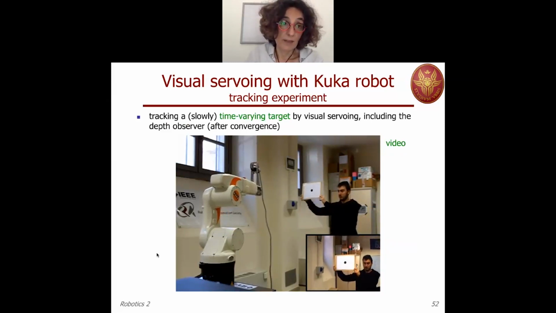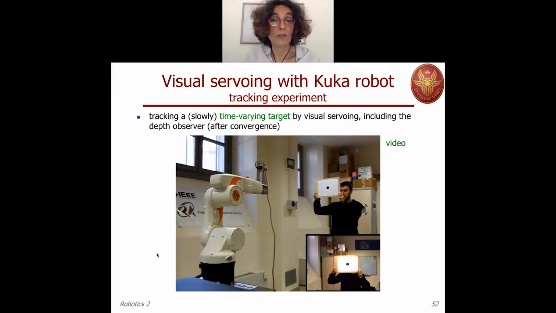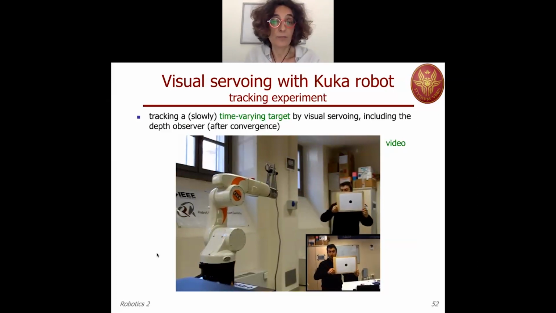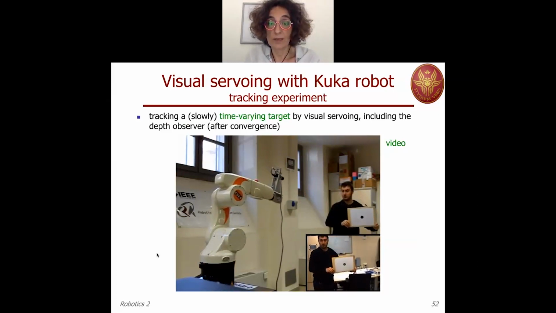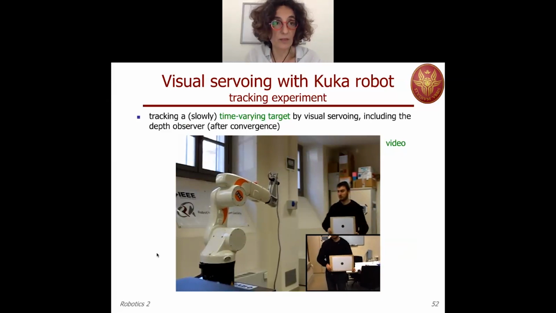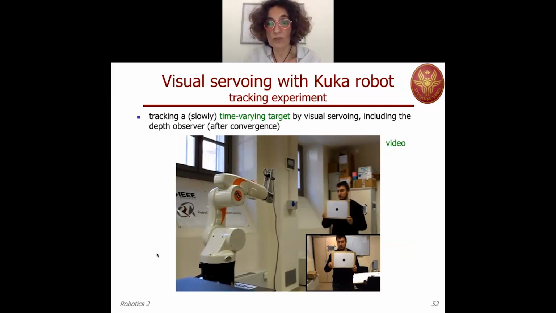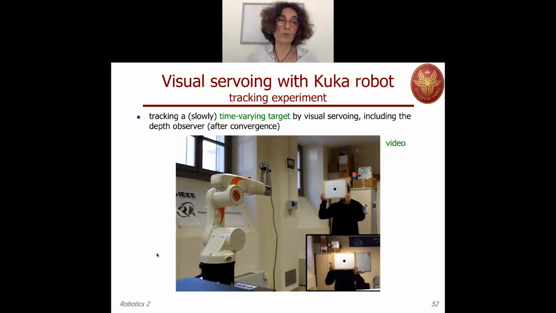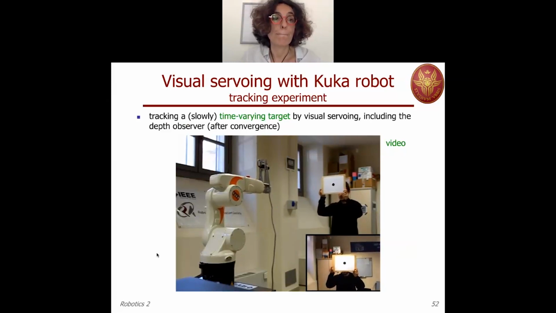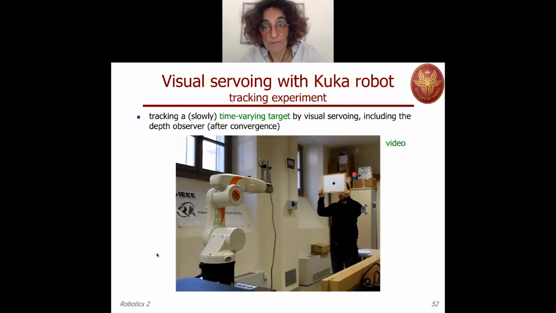The target needs to move slowly because, as said before, this is a disturbance with respect to the visual control scheme, since the target is assumed to be static, to be still, when we derive it, and the motion of the point feature is only due to the motion of the camera.